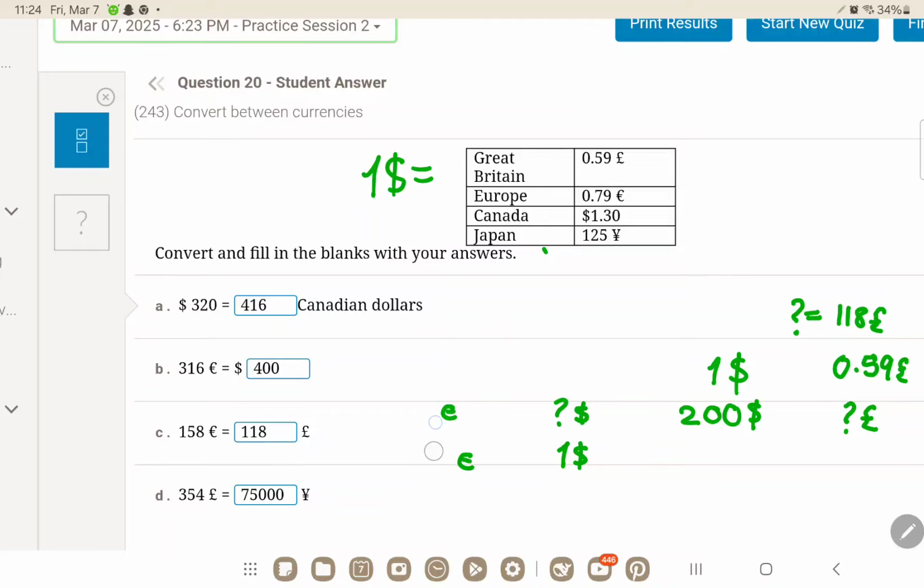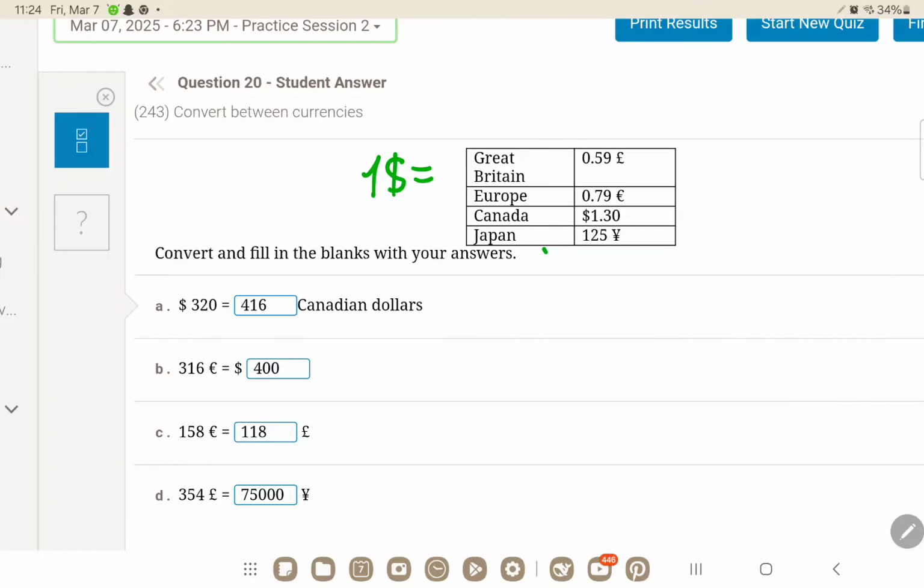Now for our last one, we have to do the exact same thing again. Now 354 pounds, how many dollars? And then that number of dollars in how many yen, Japanese yen. Now let's start. So we know $1 equal to 0.59 pounds.